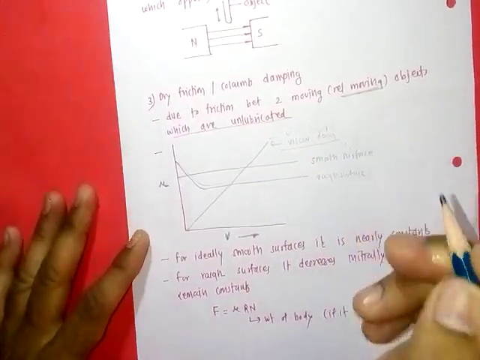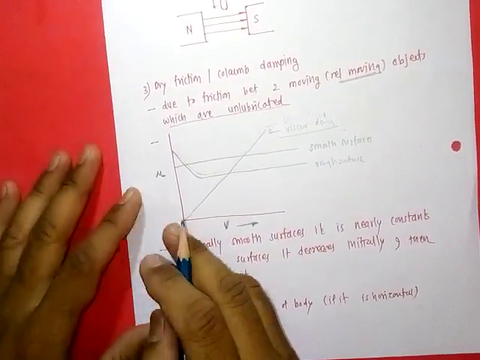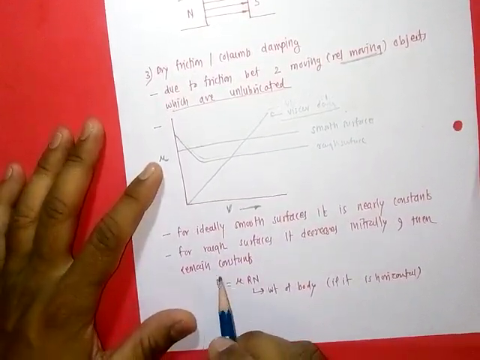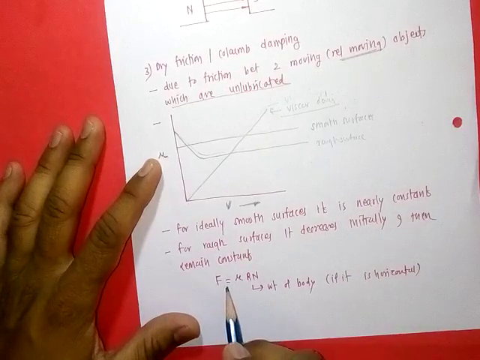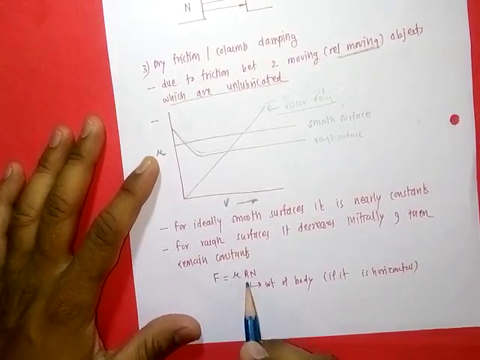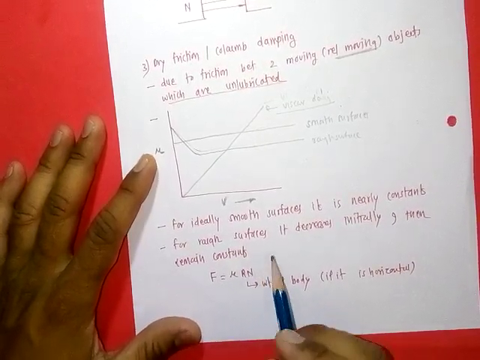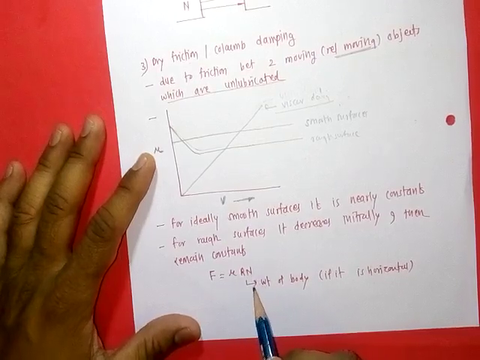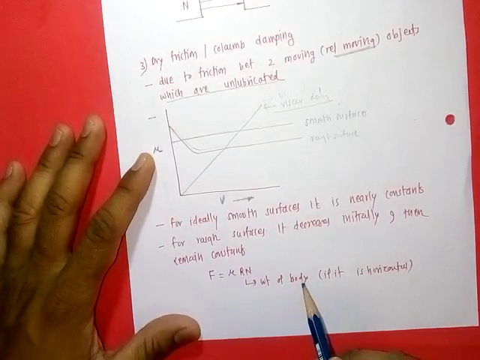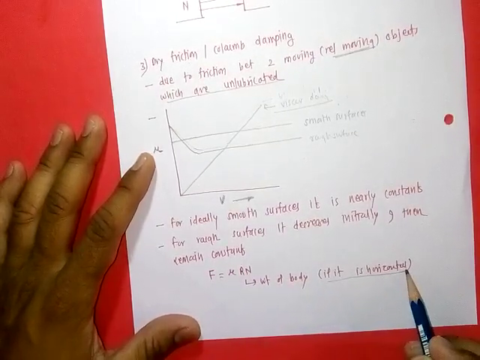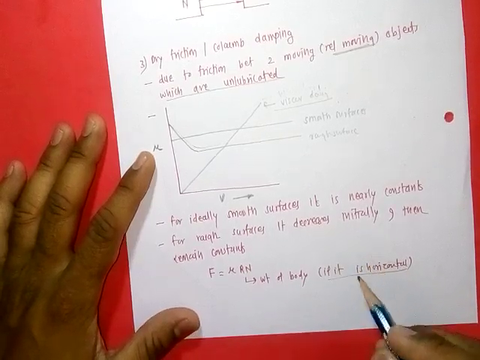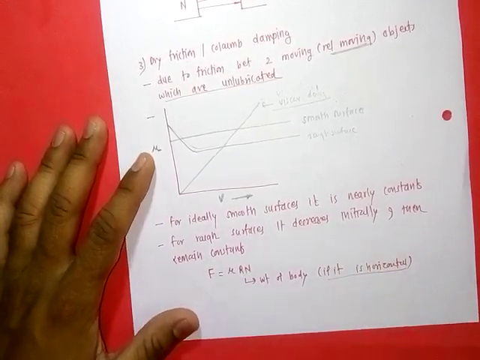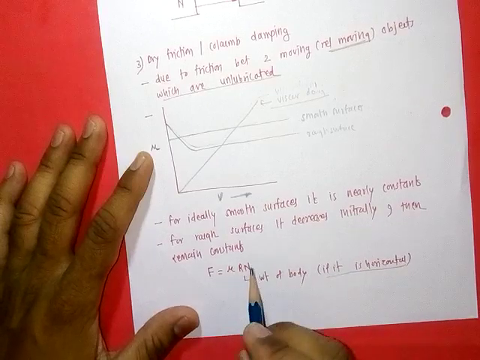Okay, now we know that the resisting force, the frictional force, is equal to the coefficient of friction times the normal force. This normal force will be equal to the weight of the body if the surface is horizontal, or if it is inclined, then the normal force developed by the surface.